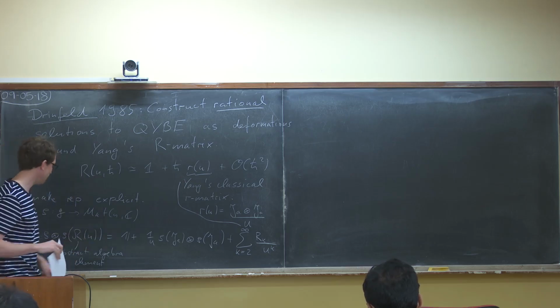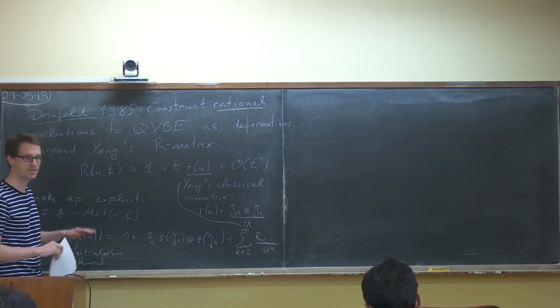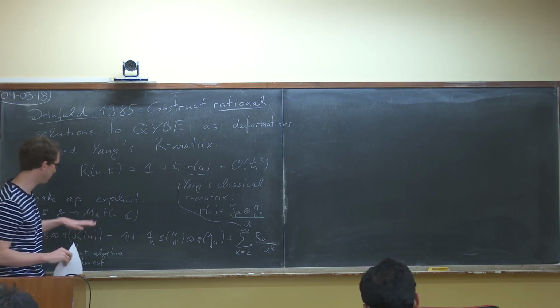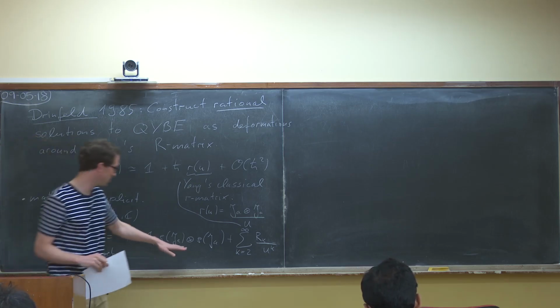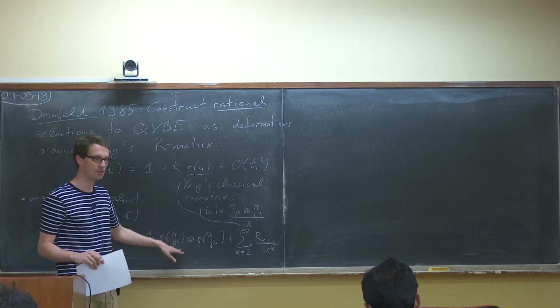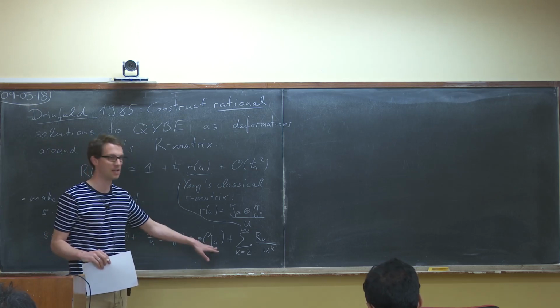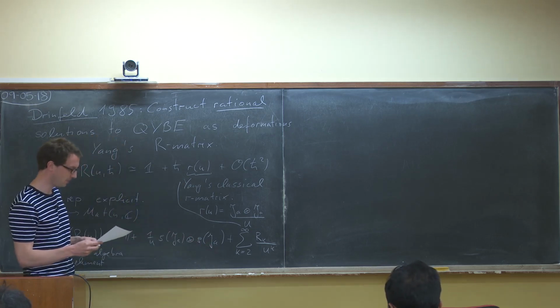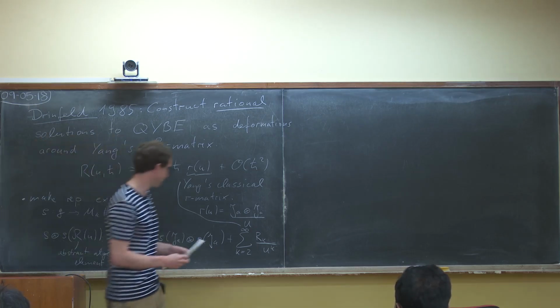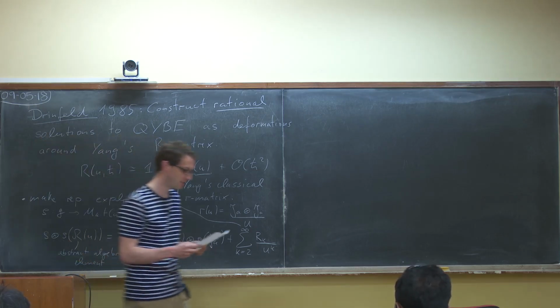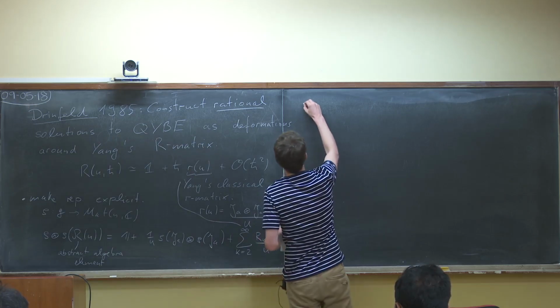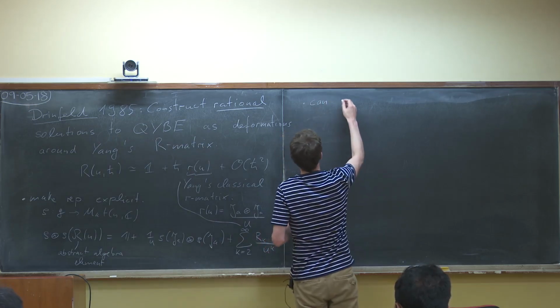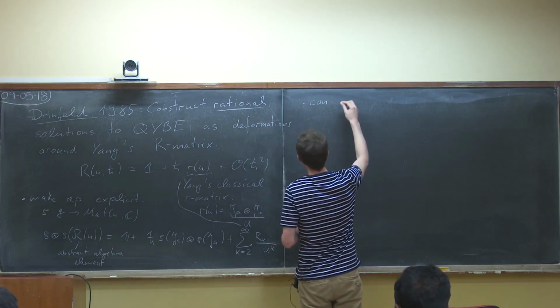And as you see, and as I already briefly indicated yesterday, the first order in this expansion is given by this tensor product of Lie algebra generators. And Drinfeld's question was whether the higher orders can also be expressed in terms of other algebra elements. This is what he tried.